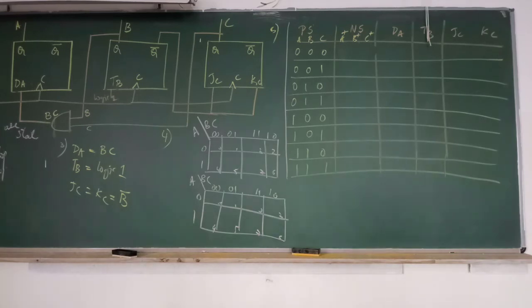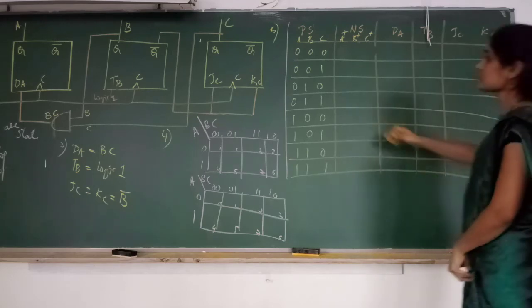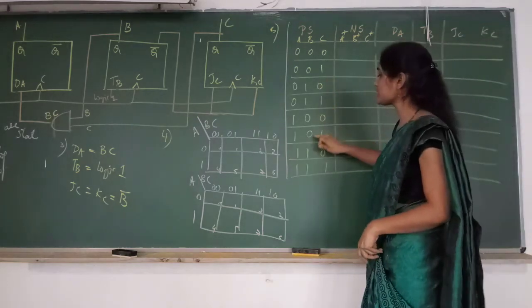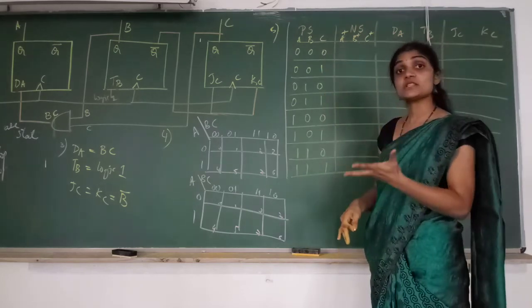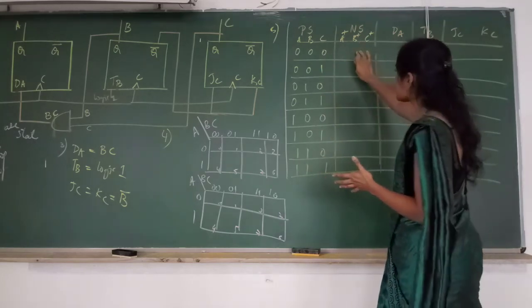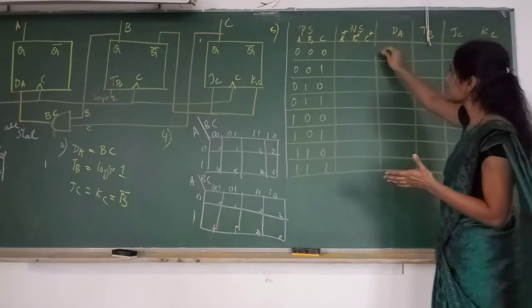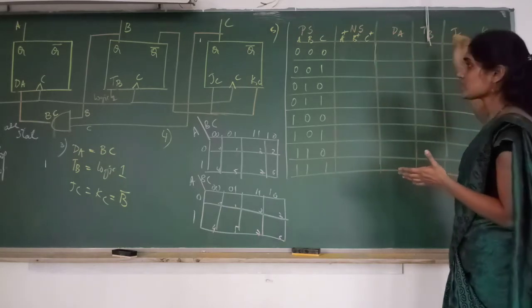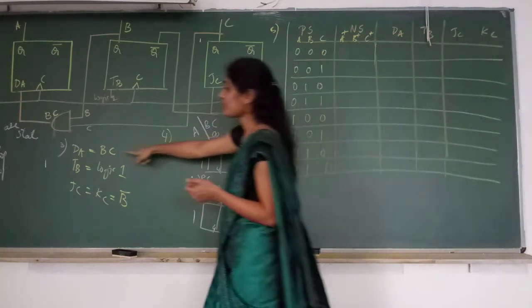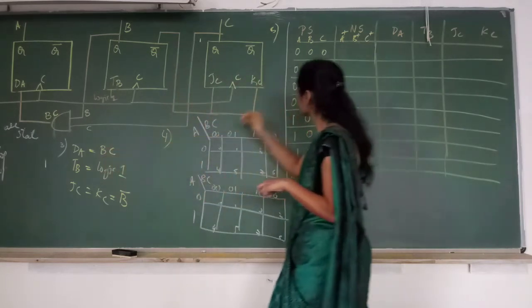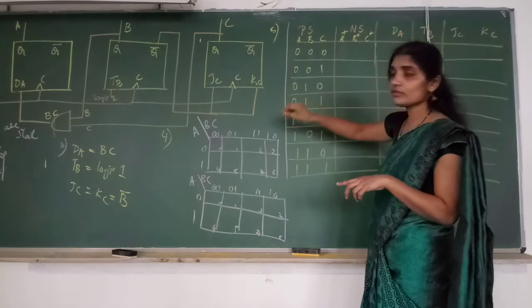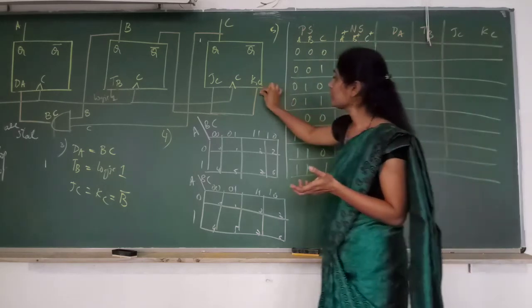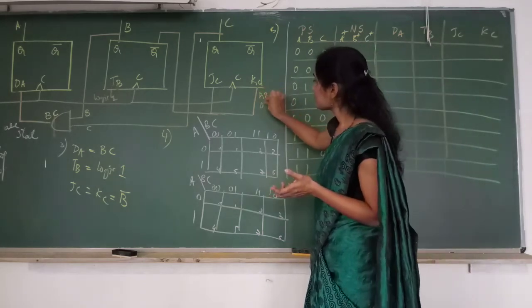Present state ABC: 000, 001, 010, 011, 100, 101, 110, 111. With three flip-flops, there are 8 possible states. First let me write DA, TB, JC, KC. What is the equation for DA? It depends on B and C. Recall the truth table of an AND gate: inputs 00, 01, 10, 11 give output 0, 0, 0, 1.